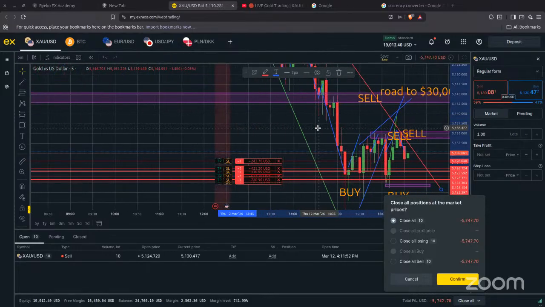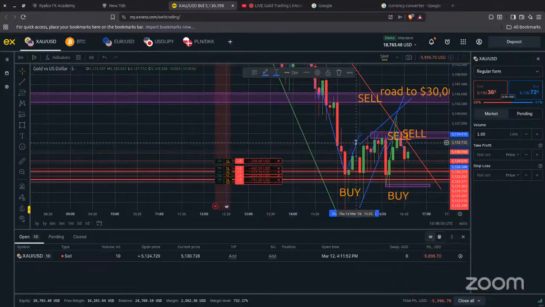Even you can see clearly. If it closes here, bro, it has changed direction. Let me first delete these other lines. There are too many. They are confusing us.